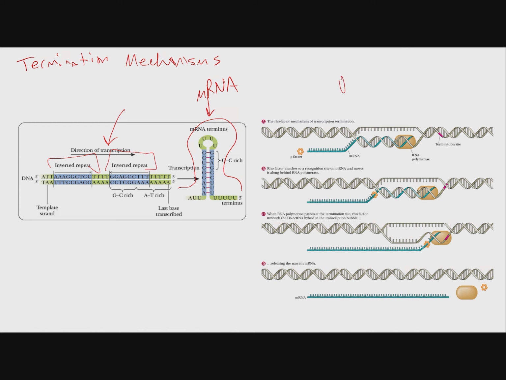Now then there's Rho-dependent termination. Rho-dependent termination also has sequences that cause hairpin loops to form. So these hairpin loops are a common structure. The rho factor first attaches to a recognition site on the mRNA and starts to move along it behind the RNA polymerase.